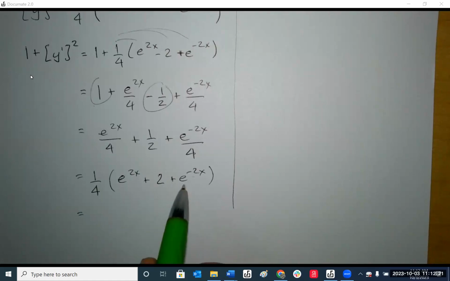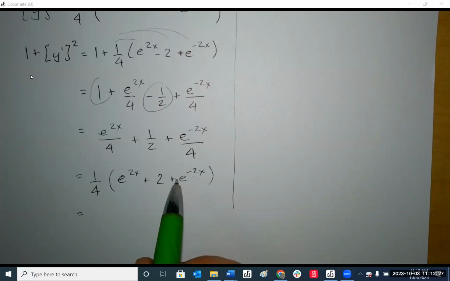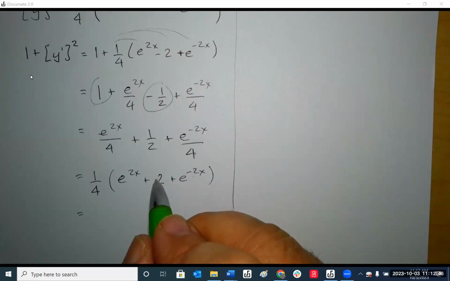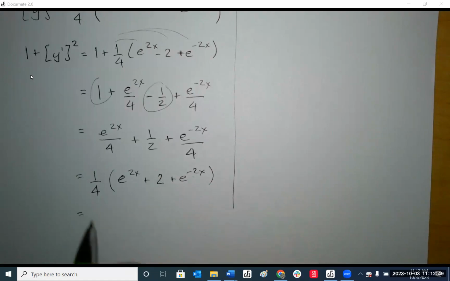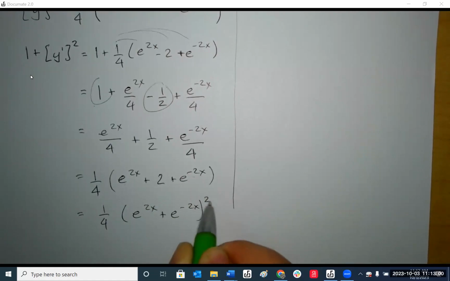E to 2x, e to 2x in the middle, that's 2 e to 2x. So (e x plus e negative x) squared.